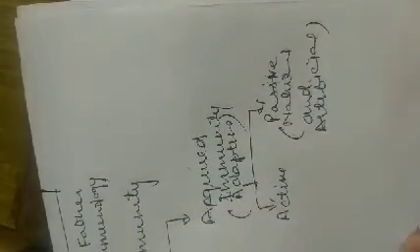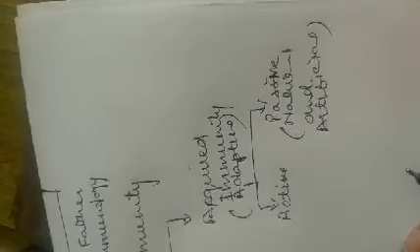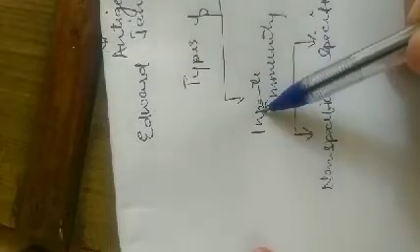So what is the difference between innate and acquired immunity? Innate immunity is present from birth, it remains throughout life, and it is not necessary that the body comes in contact with a certain pathogen or its antigen.